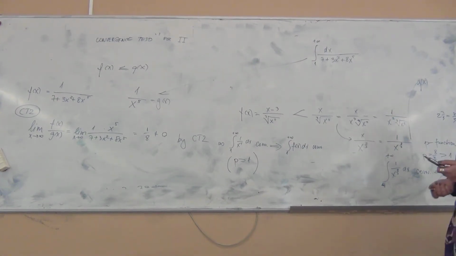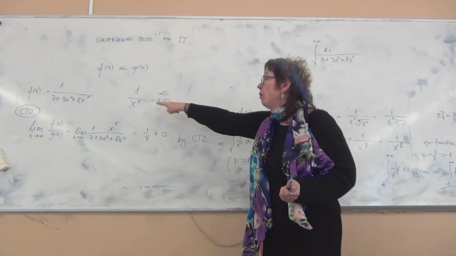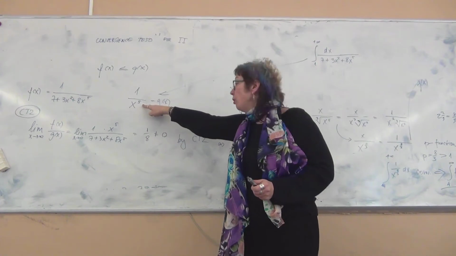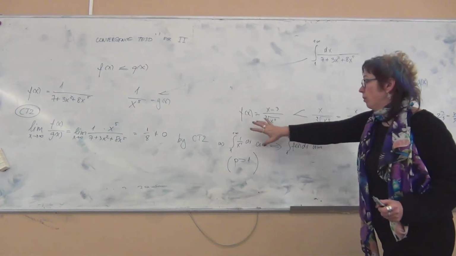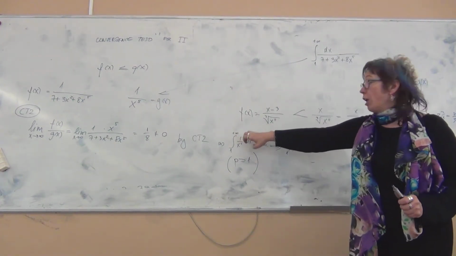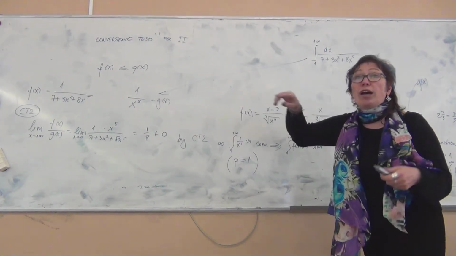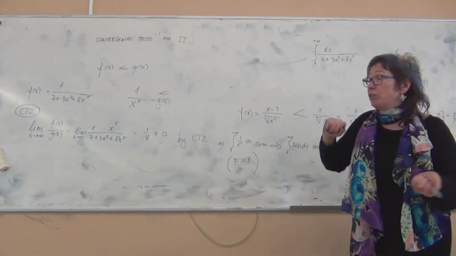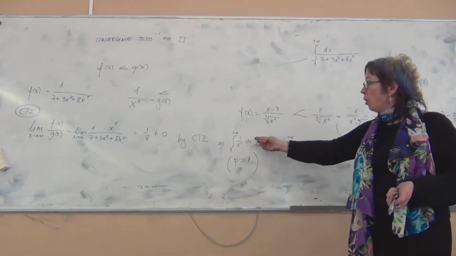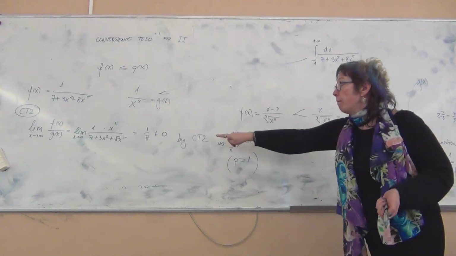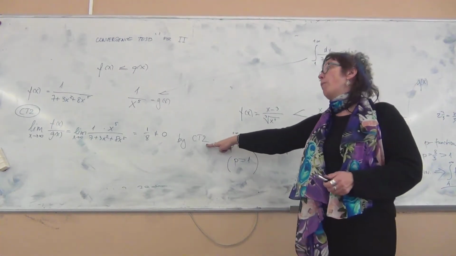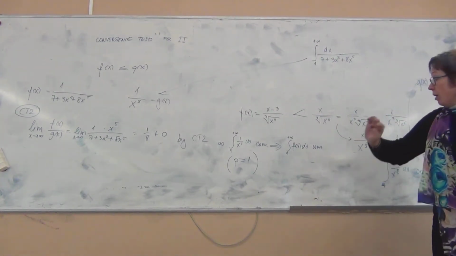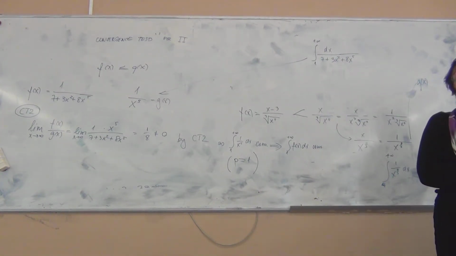If by chance you get this g function with the p value less than 1, then obviously this integral would diverge. If instead of 5 you had 1/2 or 1/3 or even 0.75, then you would say, oh yes, this integral diverges, but because by the second comparison test both integrals have to behave the same way, the given integral also diverges.